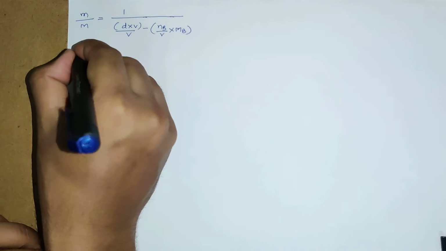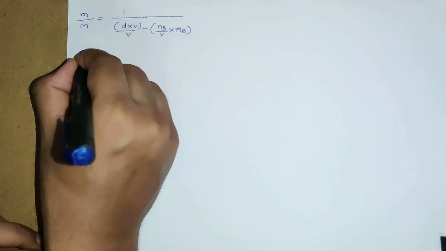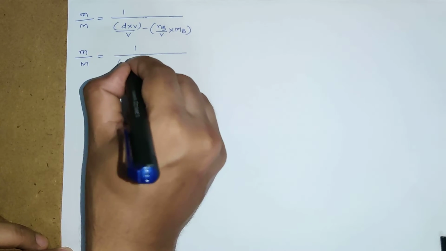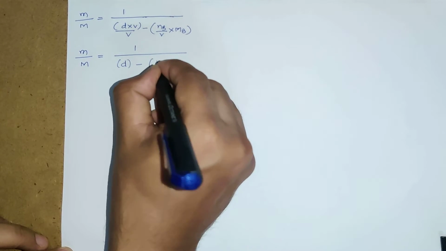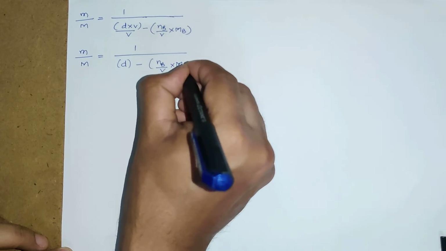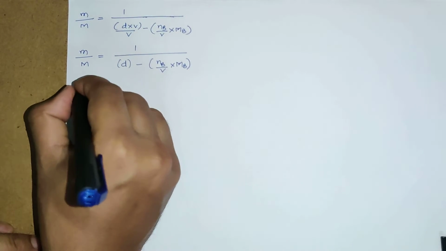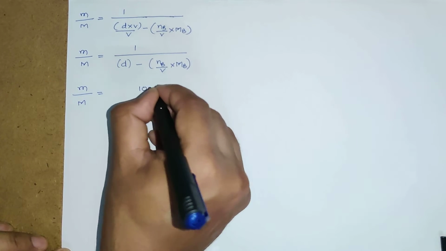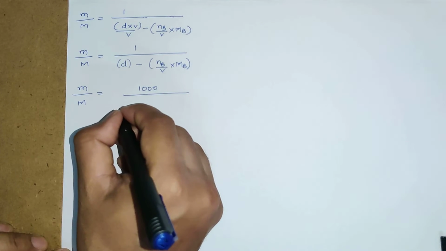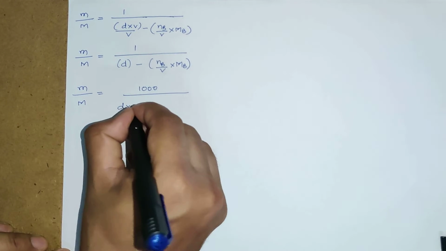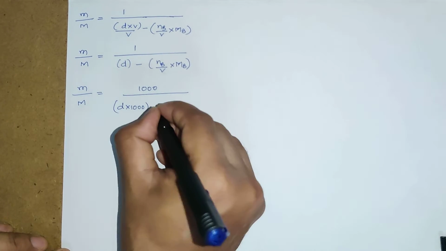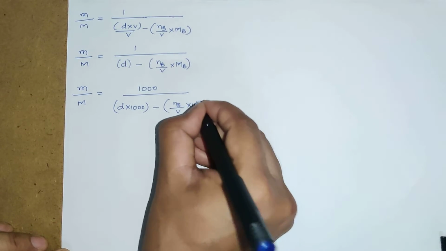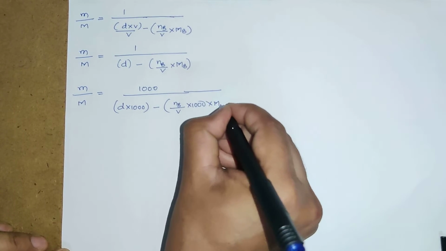So now the V and V will be cancelled in the denominator, then what we get is 1 by D minus NB by V into MB. Both the numerator and the denominator are multiplied with 1000: 1000 by D into 1000 minus NB by V into 1000 into MB.